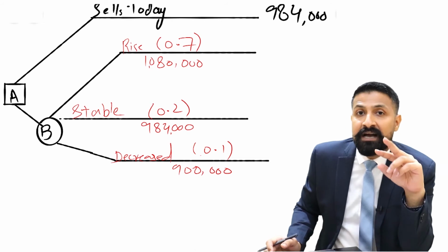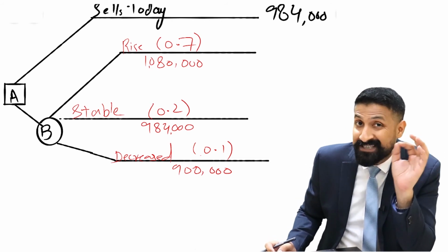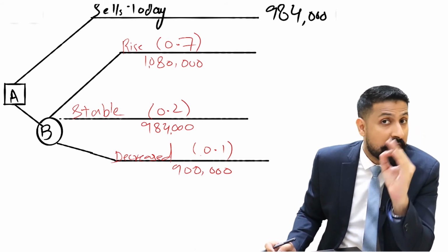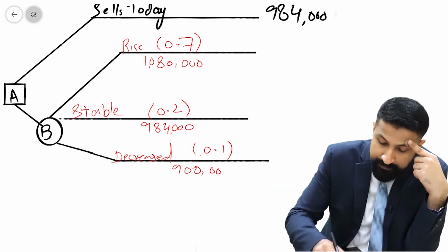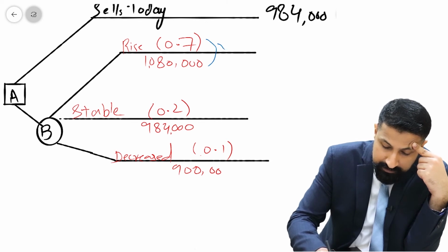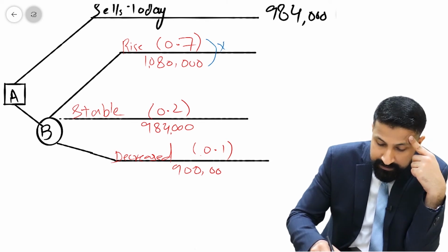Moving on. Now it's time to calculate the expected value. How will you calculate it? Look at the screen. You will simply multiply the probability with the net amount.